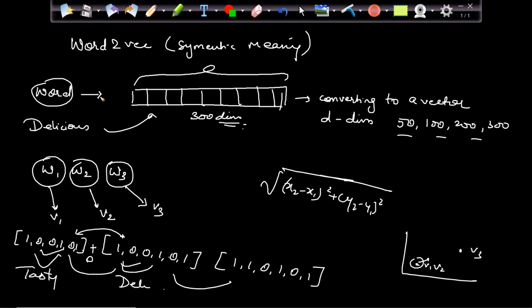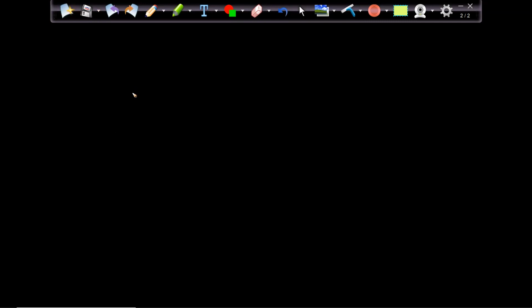Now you must be thinking, what's happening at the back end, because I am just passing a word delicious and you are converting it to a vector. How is this vector getting created? That is one of the understandings which we should have. So we'll talk about that in some time. But this technology which they have come up with, Google is using a lot as of now.